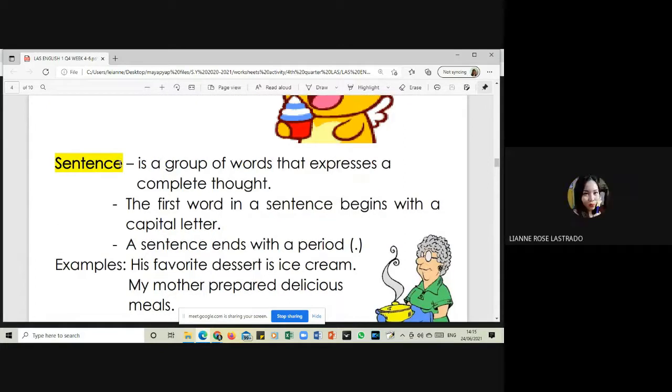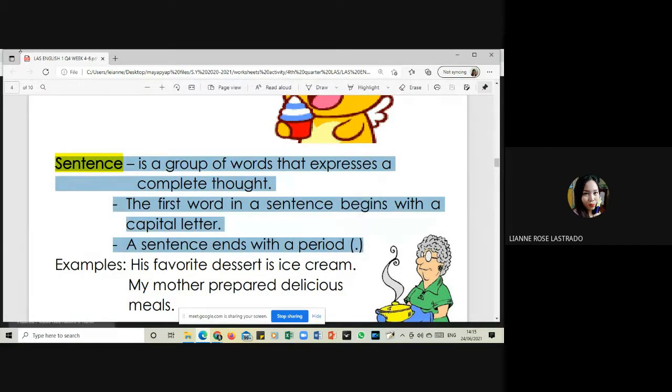Next is sentence. Okay, I would like to call on Gerald Ercilio to please read the meaning of sentence. Go, Gerald. Sentence is a group of words that expresses a complete thought.